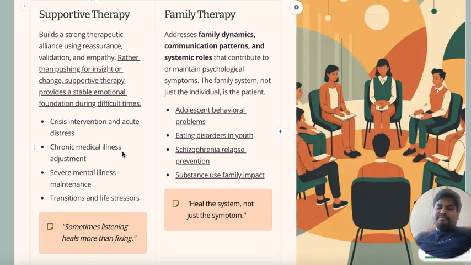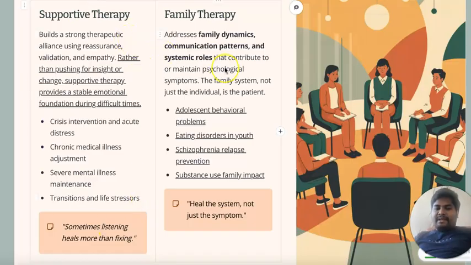If the person has a chronic medical illness, like cancer, then you can't do anything. The physician, the oncologist will do the thing. But as a psychotherapist, you just listen and be more supportive. Okay, so that's what we do in supportive therapy. We also do it for severe mental illness, maintenance, and other life stressors.